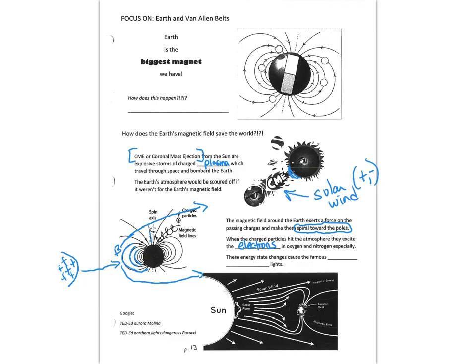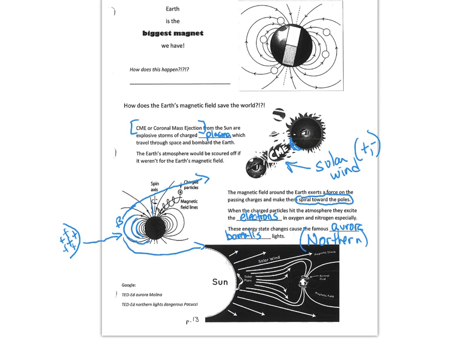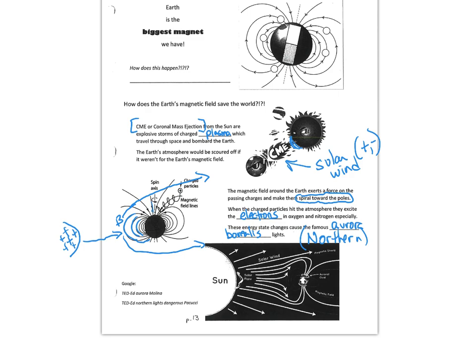They give up their energy, and these energy states cause the famous aurora borealis lights. We can also just call them the northern lights. Our planet and its magnetic field protects us from that solar wind, but as a byproduct, it makes a very brilliant color in the sky.